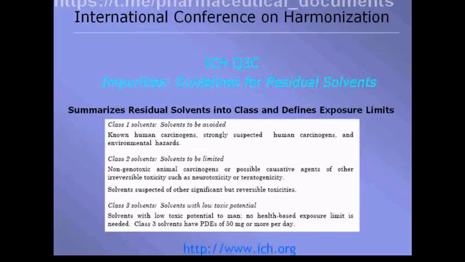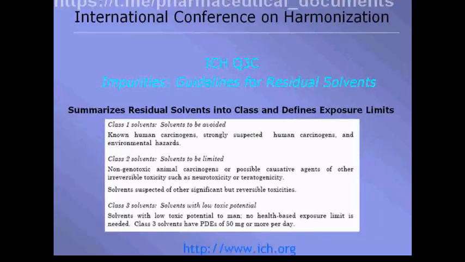If we look a little bit closer at the ICH guideline on residual solvents, namely Q3C, which is entitled Impurities: Guidelines for Residual Solvents, this is the emphasis or the basis for all the analysis we are doing today. It is defined by this guidance. What it did, mainly, is summarize residual solvents into classes and define exposure limits.